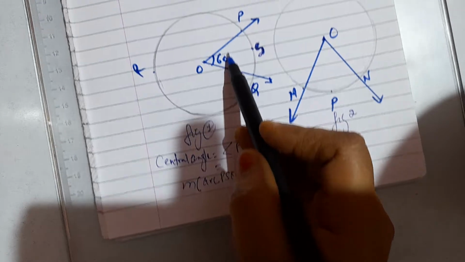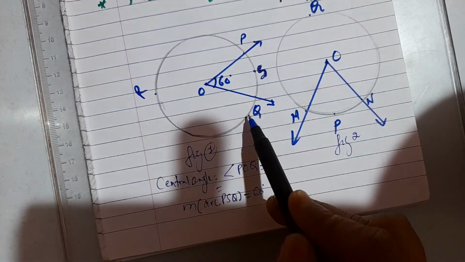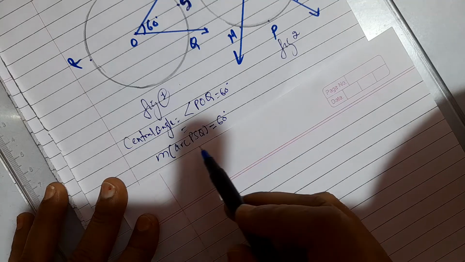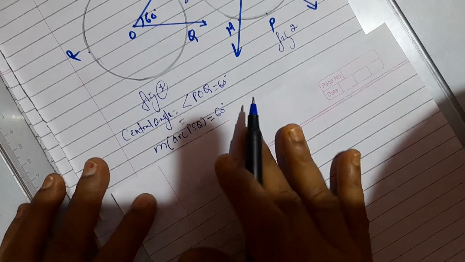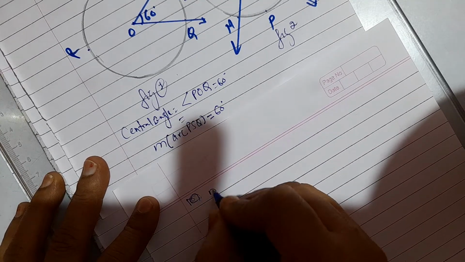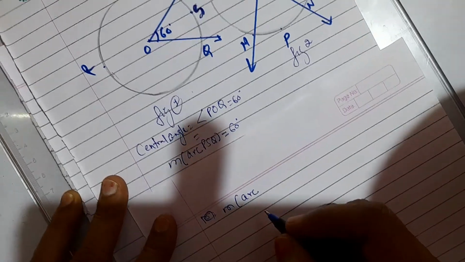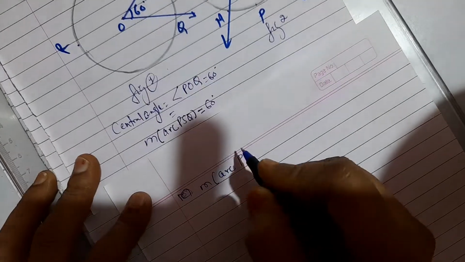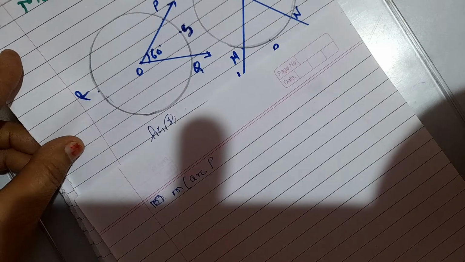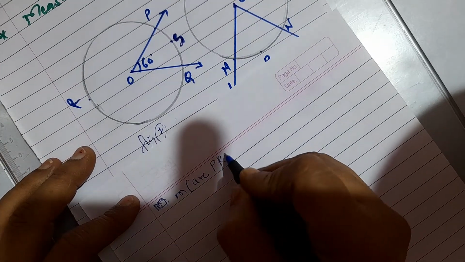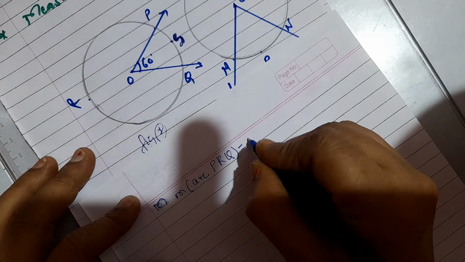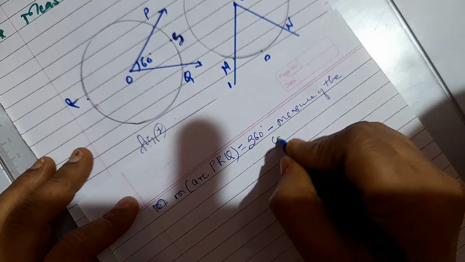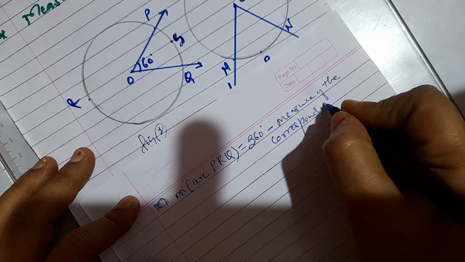Now if I have to find the value of this major arc PRQ, the measure of this minor arc is 60 degree. If I have to find the measure of the major arc, you can write in short, measure of arc PRQ will be equal to 360 minus the measure of the corresponding minor arc.